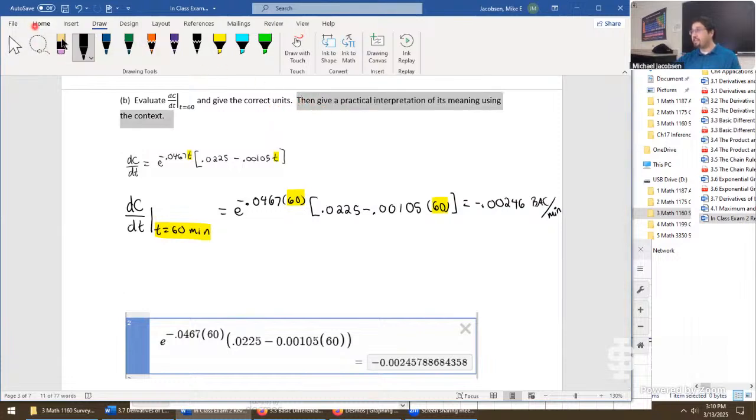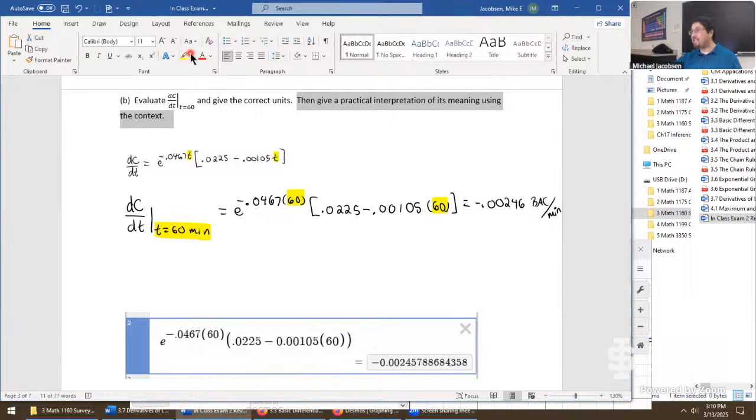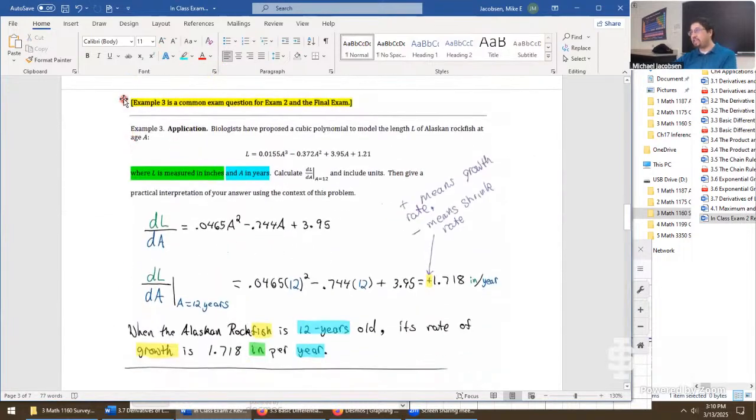And this part right here is fantastically tricky. It's one of the reasons I've started getting the habit of putting in a big giveaway that you should expect this problem. It's not easy. And when you go to give the practical interpretation, the thing that is easy just to make a mistake on is to say 0.1718 is the length of the fish when it's 12 years old.